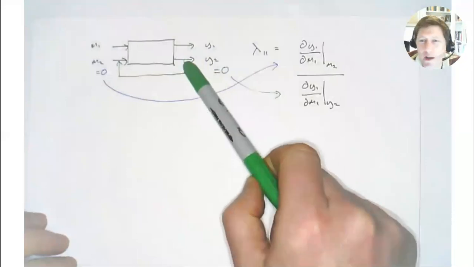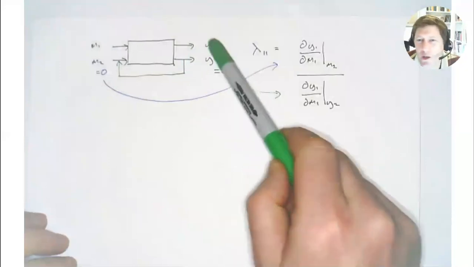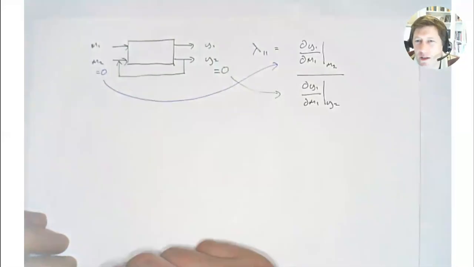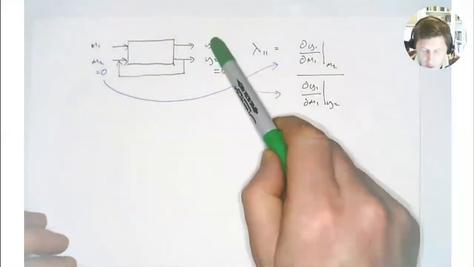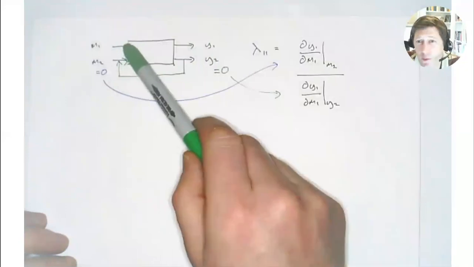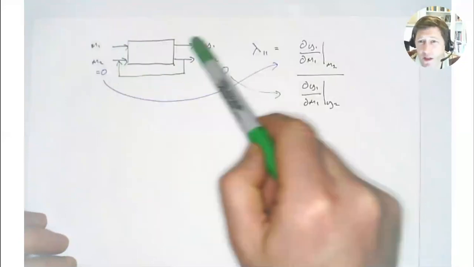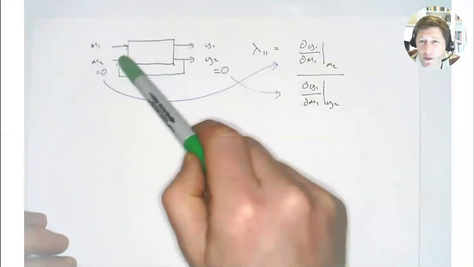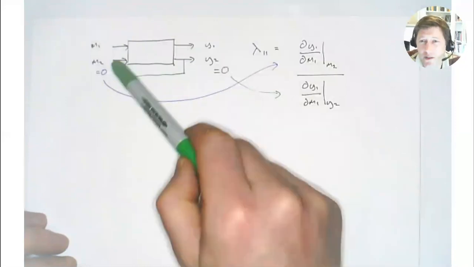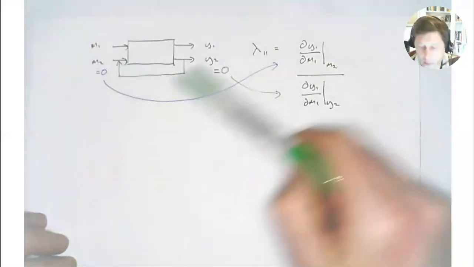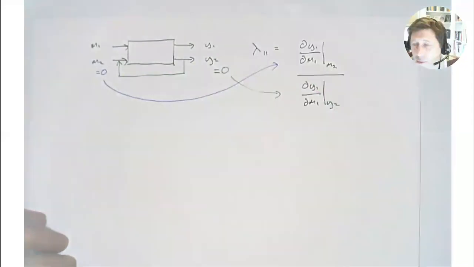And then when we're doing that, again, we look at how does Y1 change with M1 in that case. And obviously Y1 won't change the same amount with M1 now because M2 is changing and Y1 is a function of M2. So it's looking at how much Y1 is a function of M2 by doing that. So that's our relative gain.